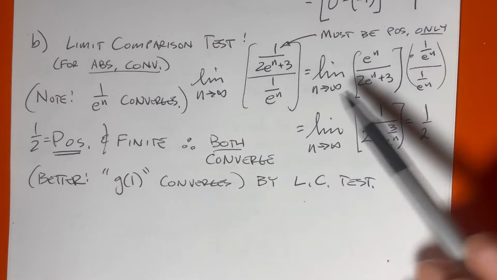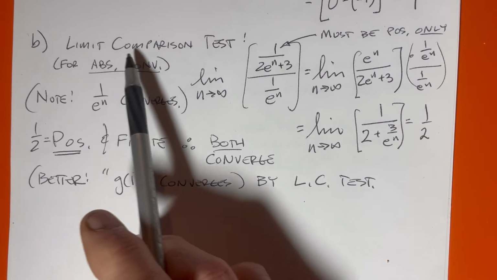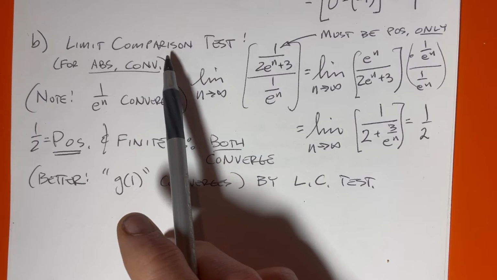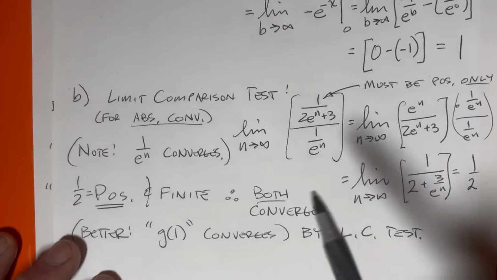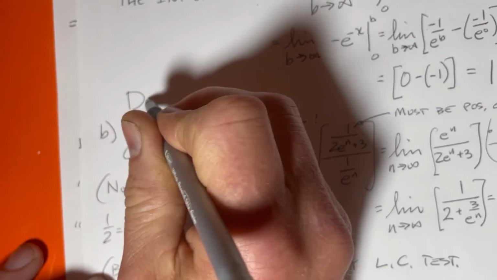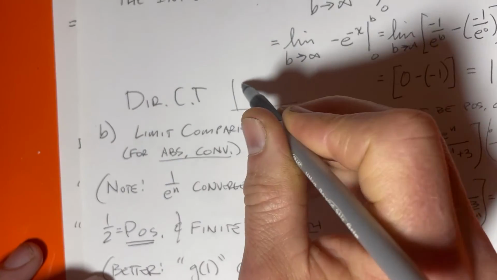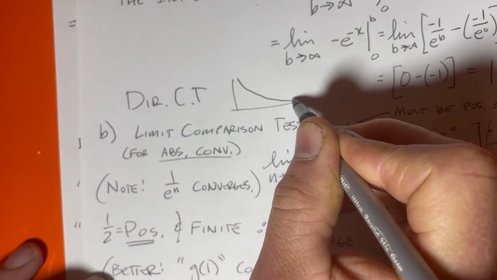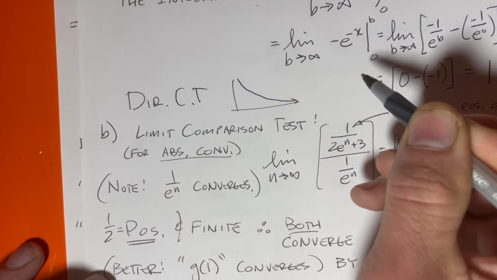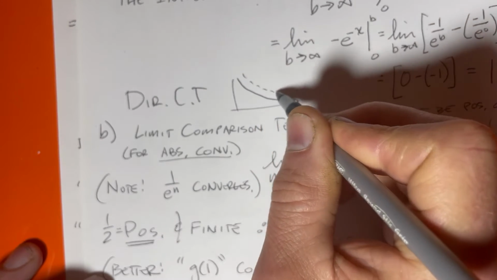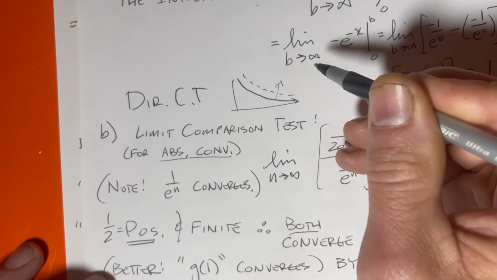So then when we do the limit comparison test, this is different than the landing airplanes. That's the direct comparison test, okay? And that's the analogy that, if we know what this is doing, either diverging or converging, if we know it's diverging and we can show something above it, then that is going to diverge as well.